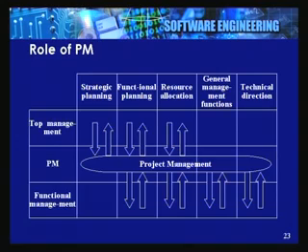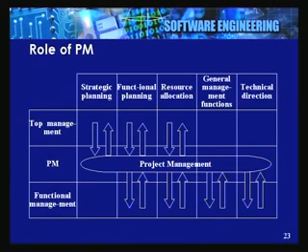So, if you look at the slide, you see that on one side, the project manager needs to interact with the top management in terms of strategic planning, functional planning and resource allocation. The project manager has to interact with these people. And on the other hand, the project manager needs to interact with the functional management.